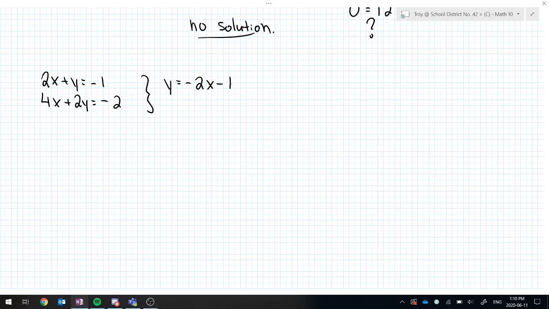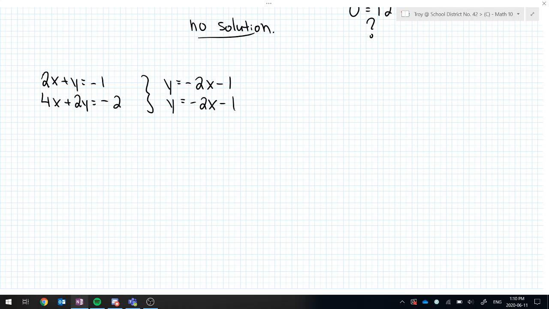And if I go through and bring the second equation into y equals mx plus b form, you'll actually find that we get negative 2x as well, minus 1 as well. So the first equation is y equals negative 2x minus 1, and the second equation is y equals negative 2x minus 1. Those are identical. They're the same line.